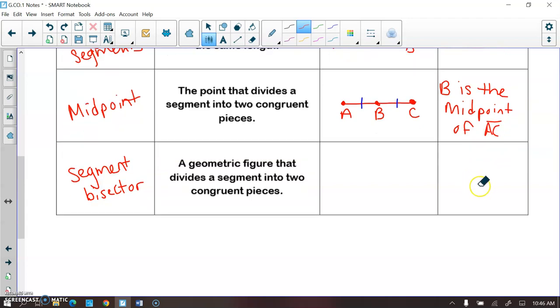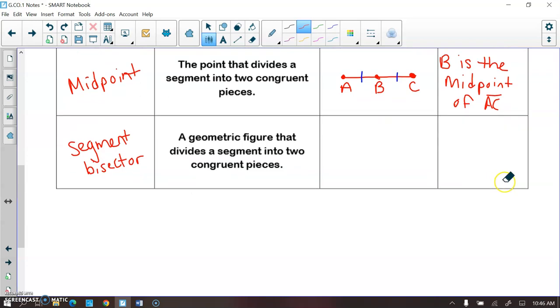All right, and then our last one, segment bisector. This is a geometric figure that divides a segment into two congruent pieces. What I mean by that is if I have segment AC, it's not a point that goes through segment AC, it's a line or a ray. So, oops, let me try to get that more towards the middle. So I have a line, let's say this line is called BD.